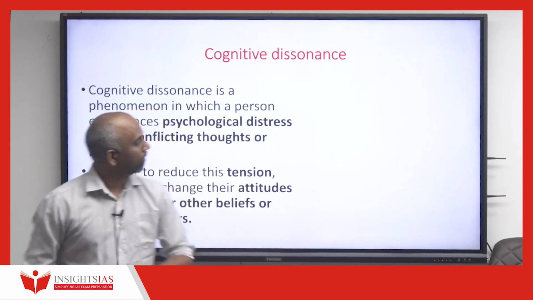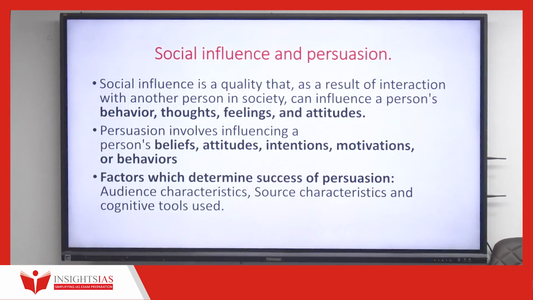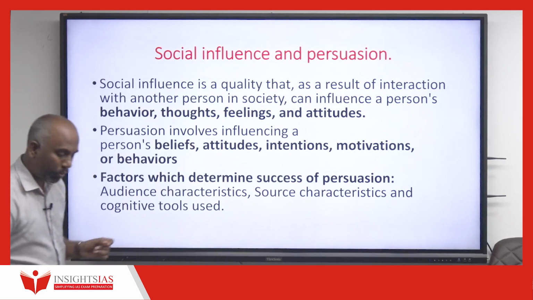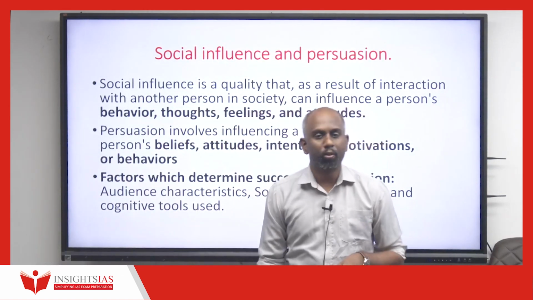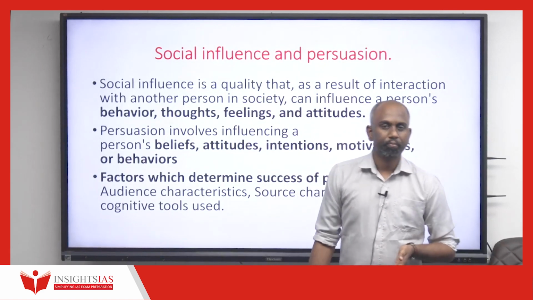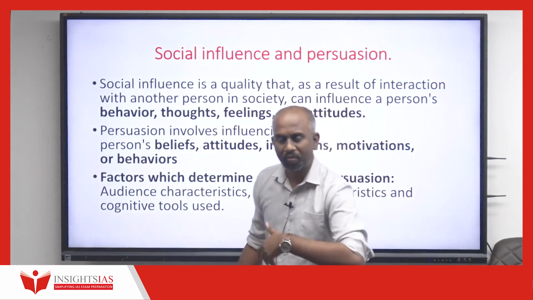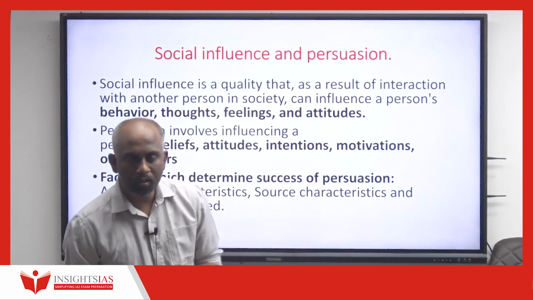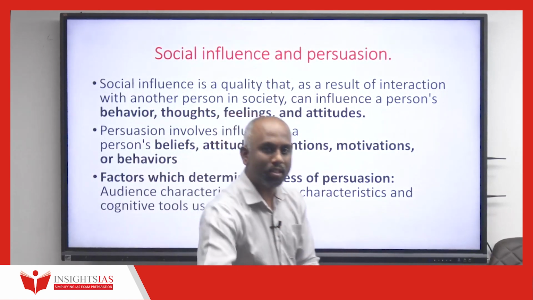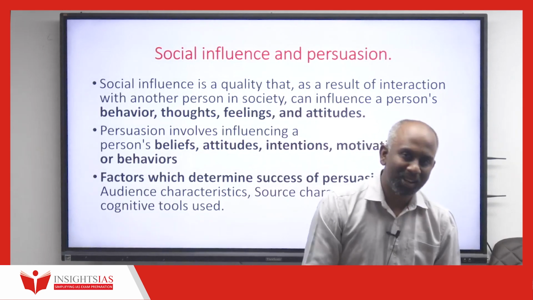Okay. Moving on, the next topic is social influence and persuasion. Now, what is this social influence? It is the quality that a person has in terms of influencing a person's attitude, behavior, thought process. Persuasion is the process of influencing a person. That's it.